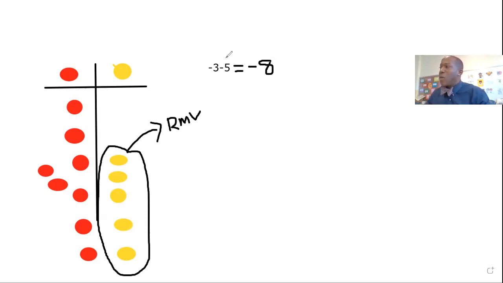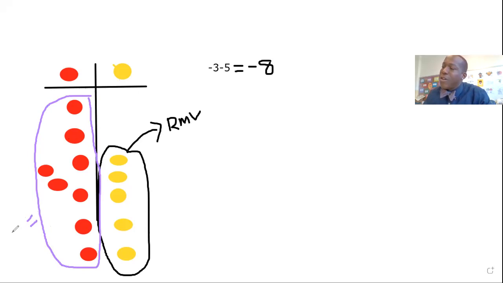So the difference is what, class? Negative 8. Where is it? Right here. So again, you may say, why is he having them group this? Because they need to know that the resultant, in this case called the difference, is a group. Okay, and that group is a group of -1 8 times.